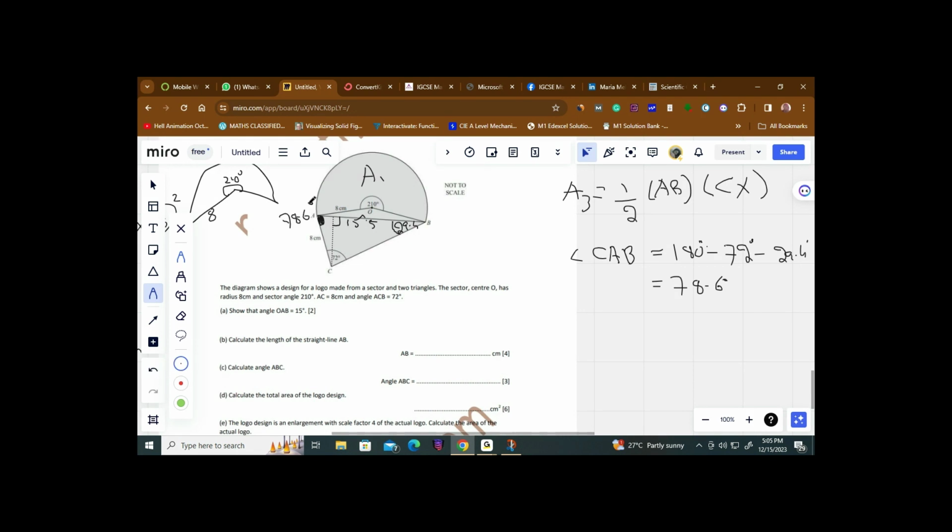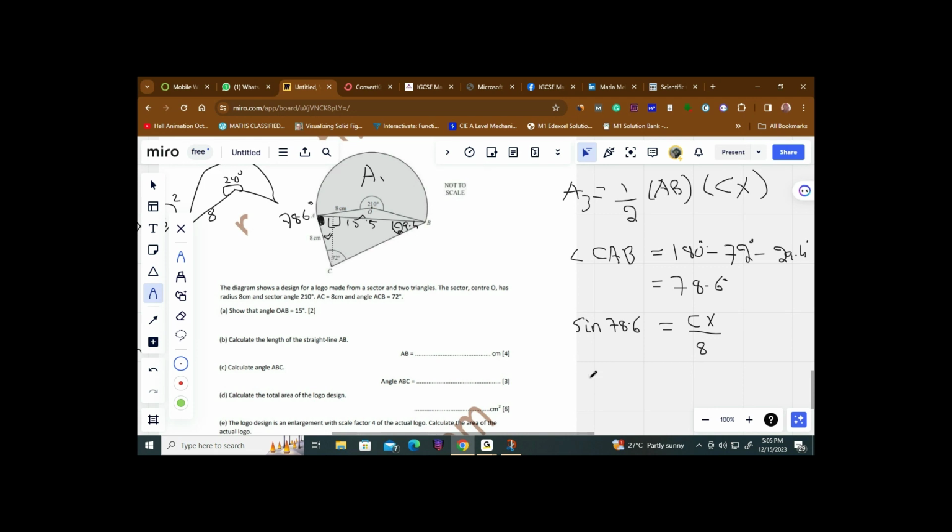So this is it. If I pick up this right triangle, I can find out my CX value easily. So you see, sine of 78.6 is equal to CX, which is perpendicular, upon the hypotenuse, which is 8 centimeters. So I can now easily find the value of my CX.